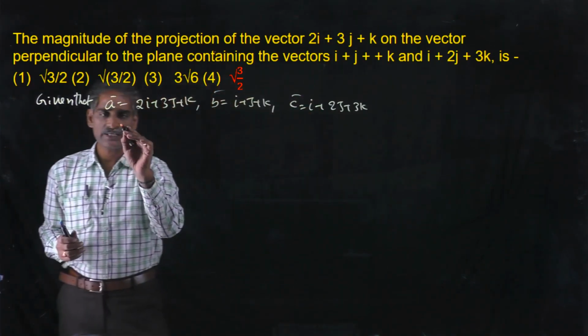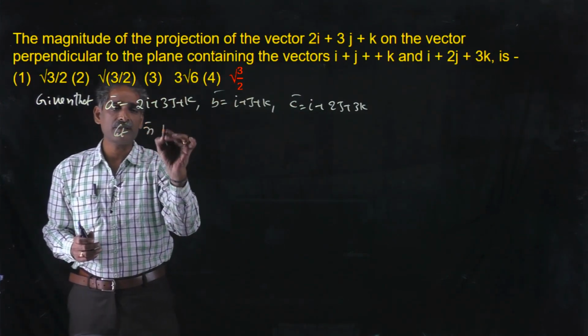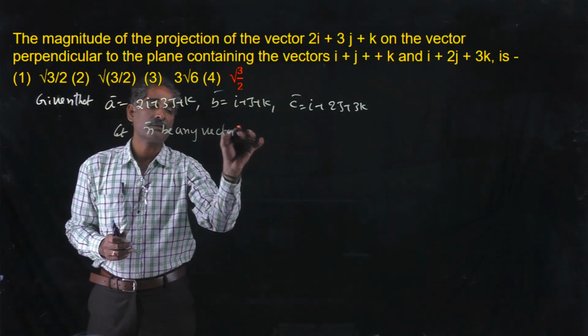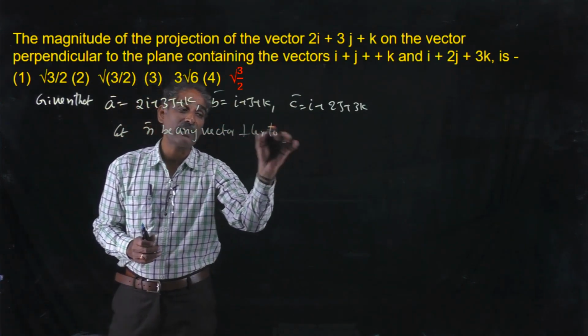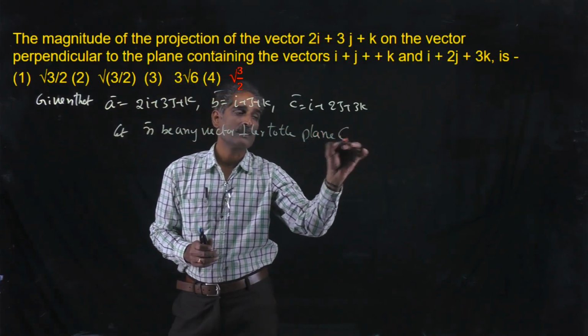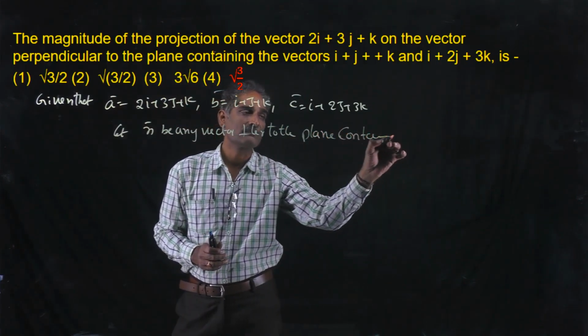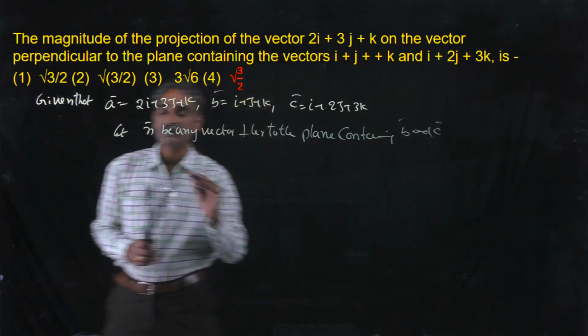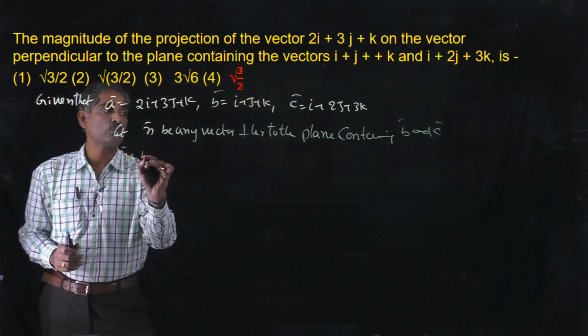Now let us take n bar to be any vector perpendicular to the plane containing b and c. So n bar is equal to b cross c.